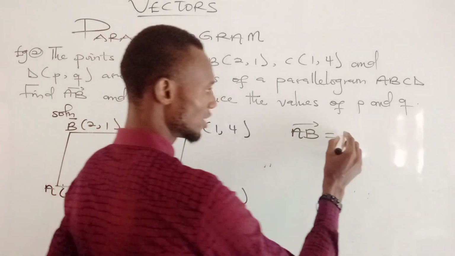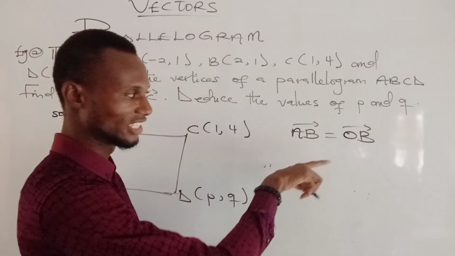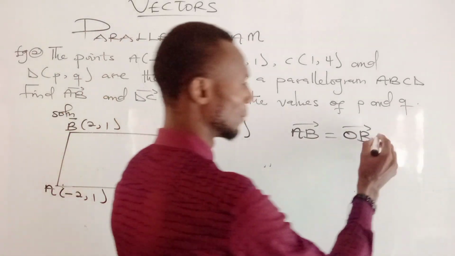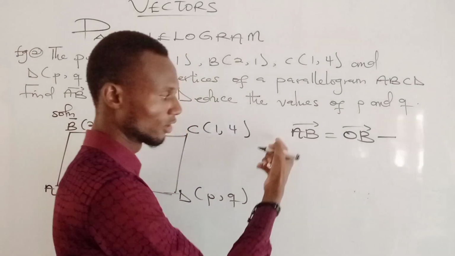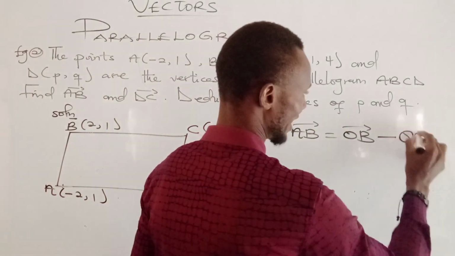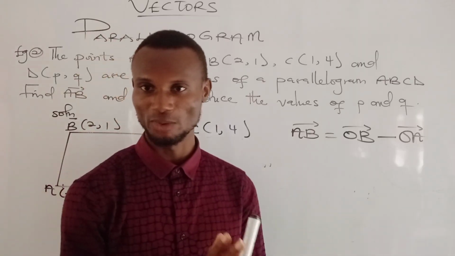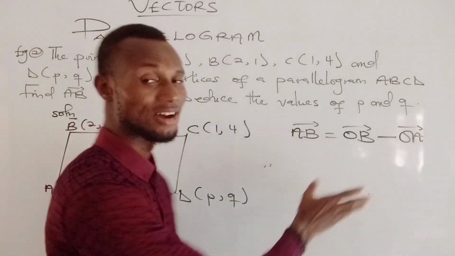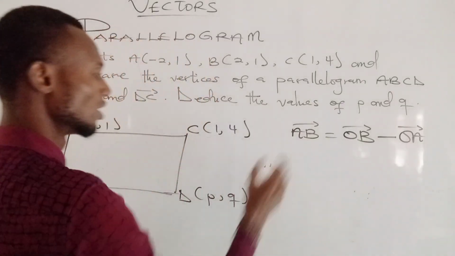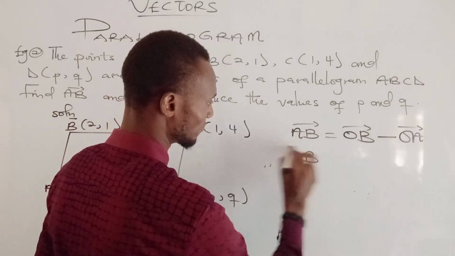So my AB will be equal to OB, which is the position vector of the last letter, minus OA, which is the position vector of the first letter. I hope you understand up to this point. Now let's input our values. I'm going to repeat my AB here because that's what I'm looking for.